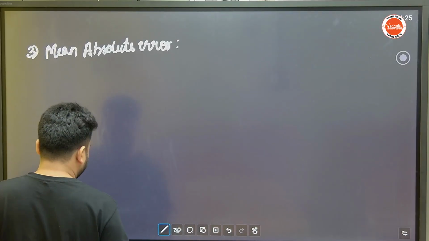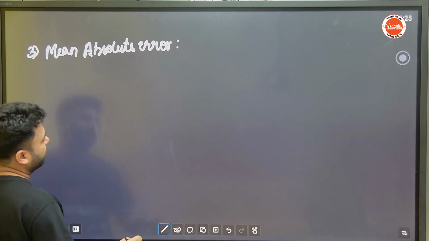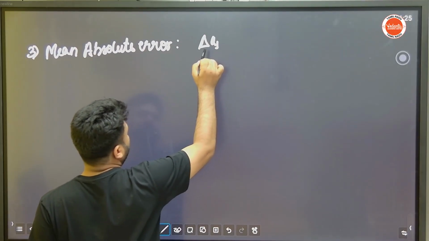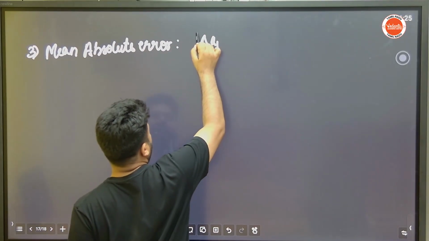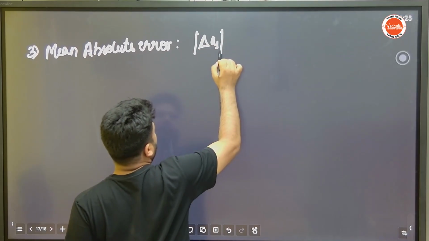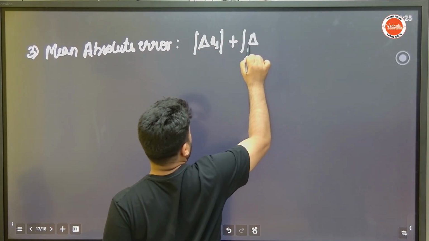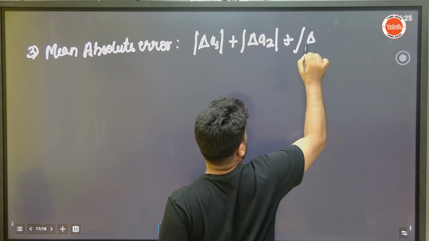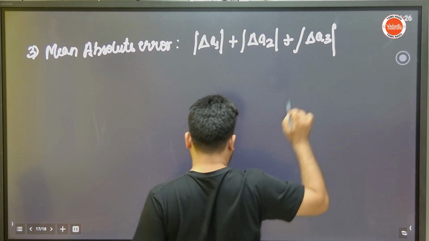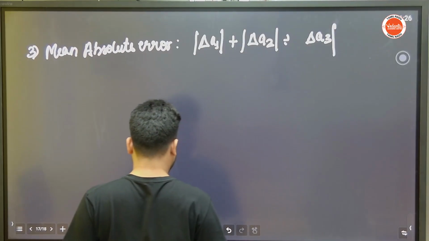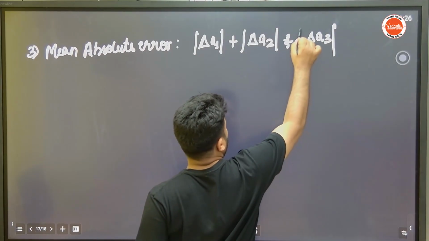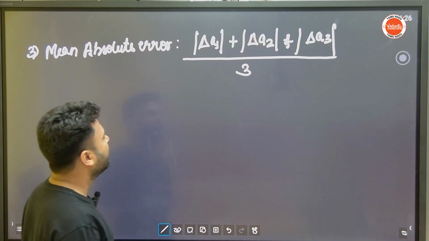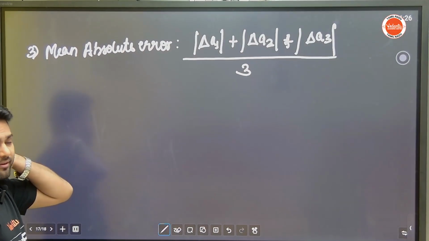Means I take the mod of the absolute errors: delta A1, this was my absolute error, I will take the mod value, plus delta A2 plus delta A3, divided by the total, we had 3 observations. This is called mean absolute error.